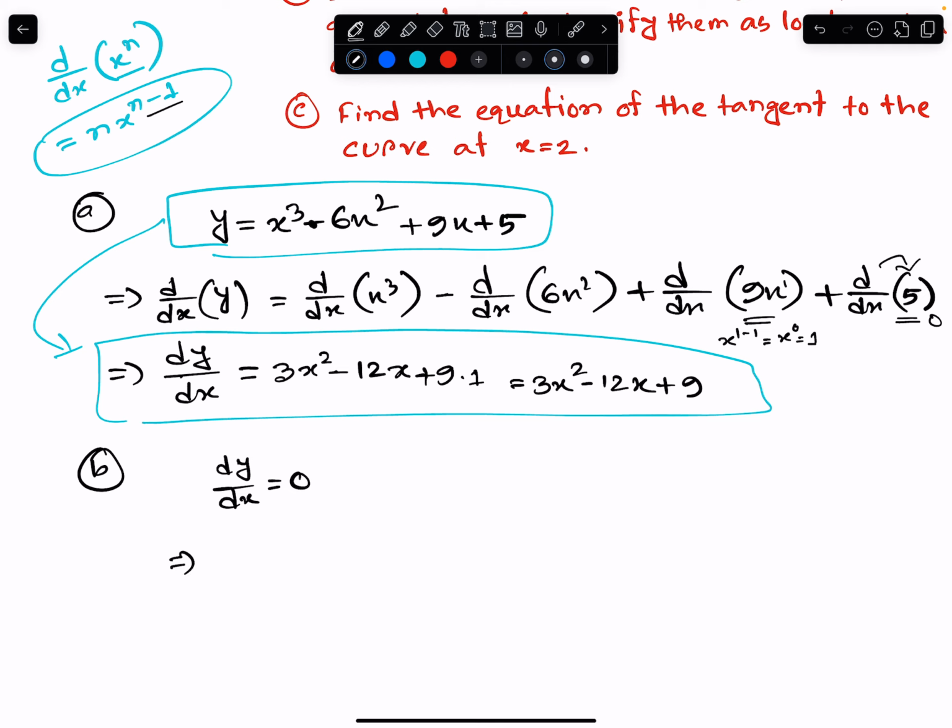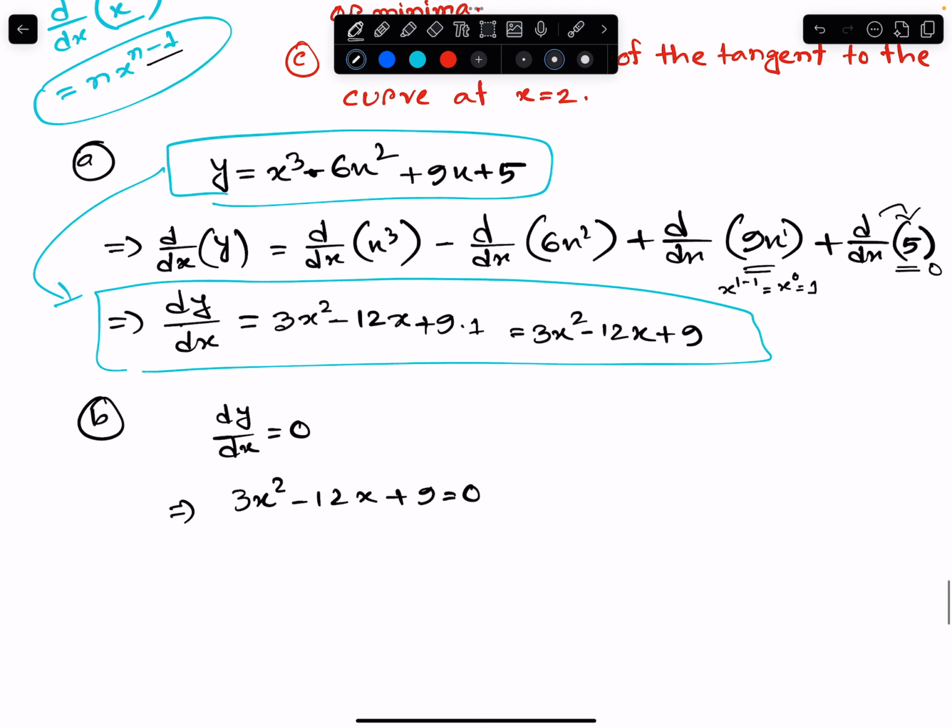So what's the dy/dx value? From A, we got the derivative. That was 3x squared minus 12x plus 9, which is 0. From this, we are going to factorize it.